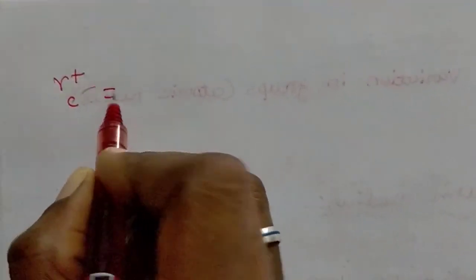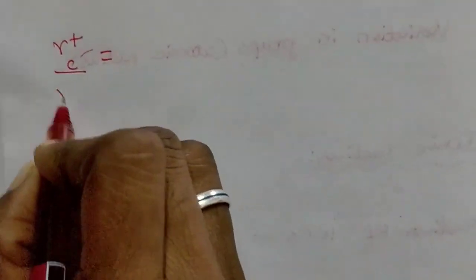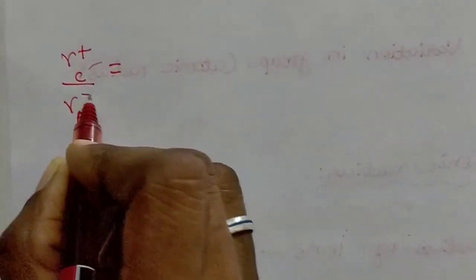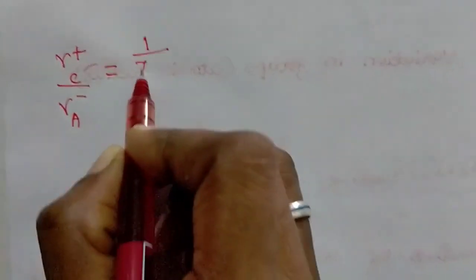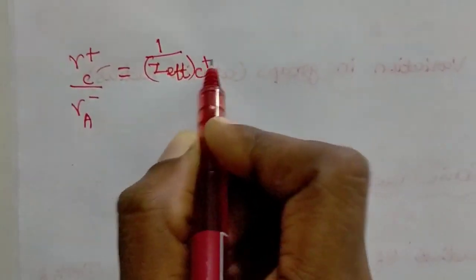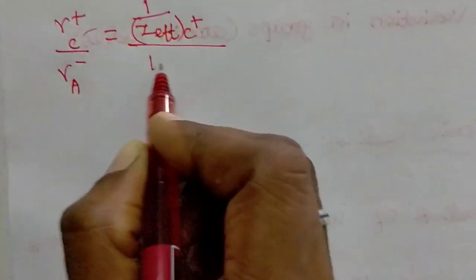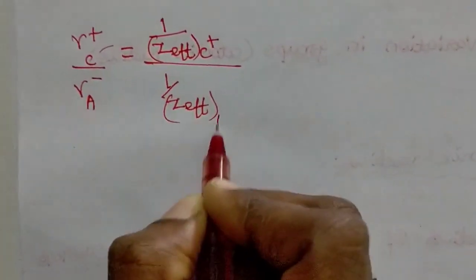Rc+ divided by Ra- equals 1 by effective nuclear charge of cation divided by effective nuclear charge of anion.